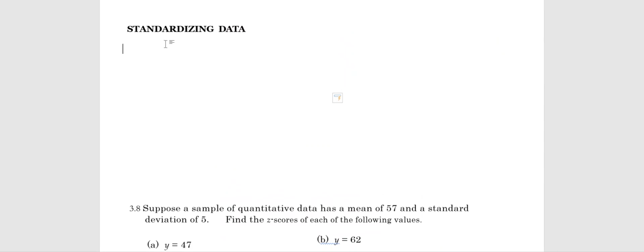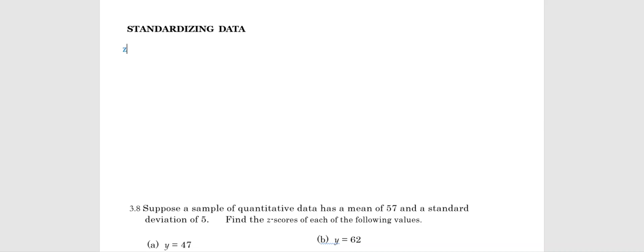So I'm going to talk to you a little bit about why we standardize and what standardizing is. And then I'm going to write the equation for it. So first of all, what is this?